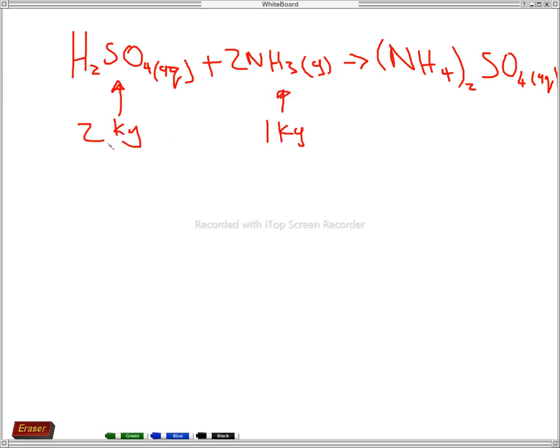Since they want the maximum mass of ammonium sulfate, the first thing we should do is determine the moles of these two compounds that I have here. I will just convert this to grams, since we are working with grams.